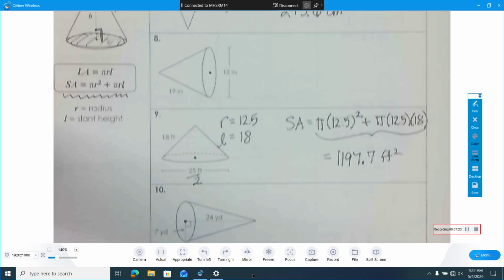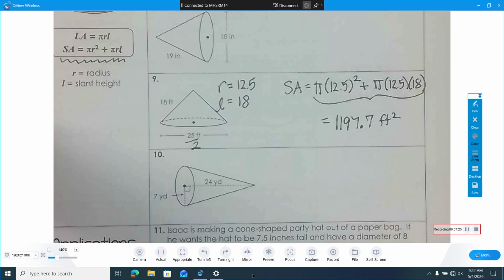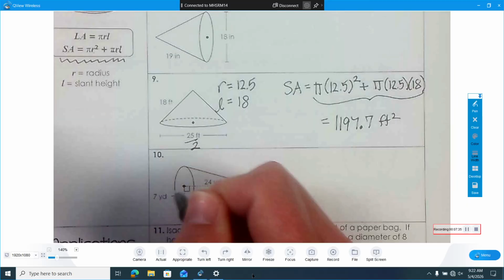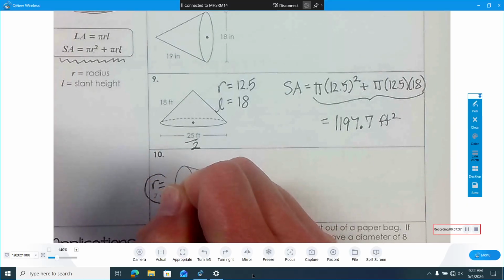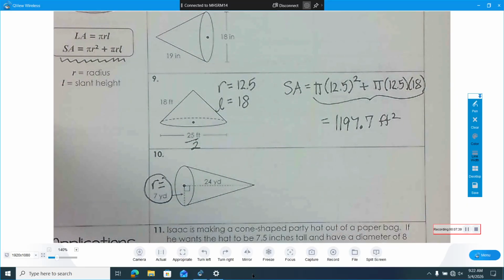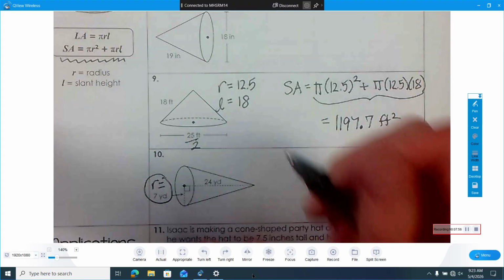Number 10 is the last one we're going to do, ladies and gentlemen. What's missing? The slant height. 7 is our radius, so we can use that, but we don't have the slant height. How are we going to figure out this slant height?